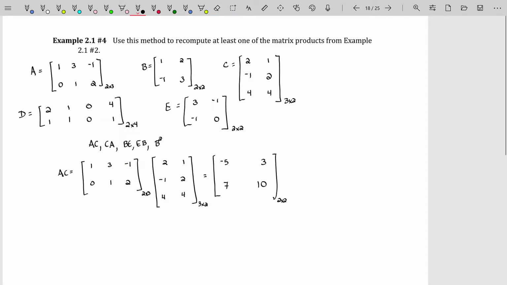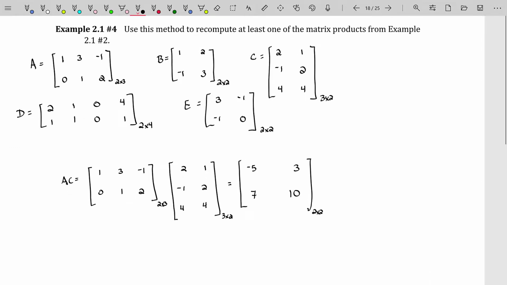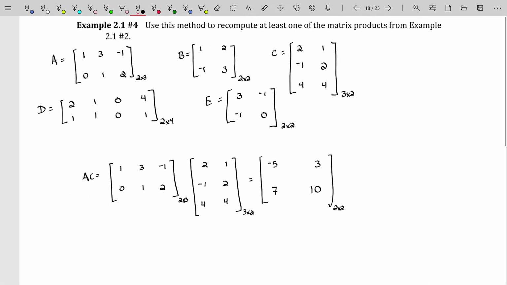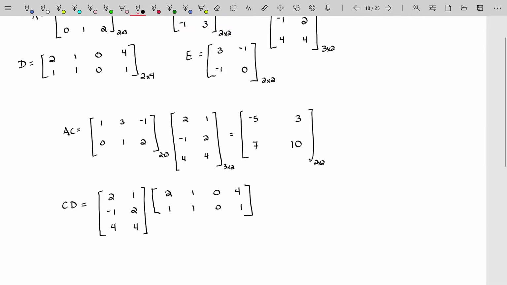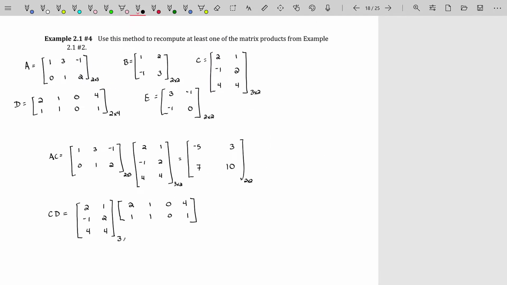Now, there's really no reason for us to go through and do a ton of them, but let's just do one that we didn't touch last time. Let's do C times D. Now that matrix multiplication is well defined because C is a 3 by 2, D is a 2 by 4.